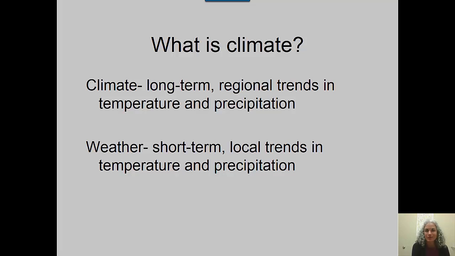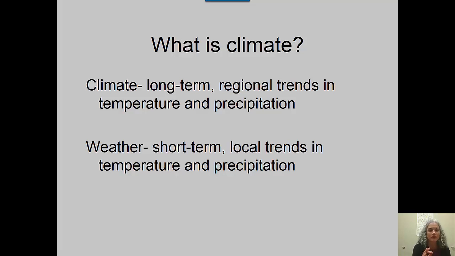cool, moist winters and warm, dry summers, that would be a statement about the climate. It's regional, and we're also talking about long-term patterns of temperature and precipitation. However, if I said, today in Mount Shasta, it's 60 degrees with clear skies, that would be a statement about the weather.